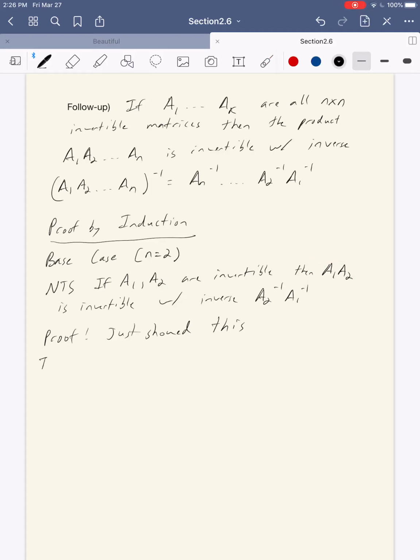So now we're going to take our inductive step.